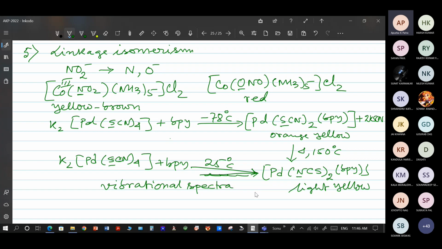Vibrational spectra means infrared spectra, or simply Fourier transform infrared spectra. Spectra is the plural; it is spectrum for one compound. So from the vibrational spectra of these two complexes, you can easily get some idea whether it is coordinated via the nitrogen or the sulfur donor atom. So this is linkage isomerism.